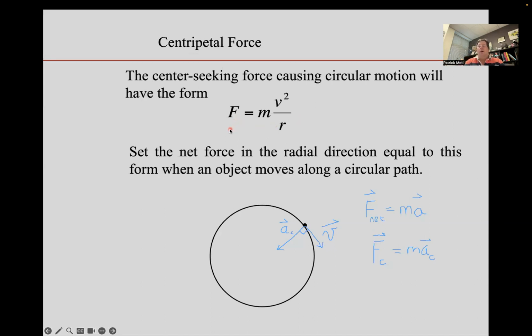Now, we had talked about a force of air drag, talked about the two kinds of frictional forces, static friction, kinetic friction in this chapter. The centripetal force is not a fundamental force like that. For the moon going around the Earth, it's the force of gravity that provides the centripetal force. For this example of a ball on a string, it's tension in the string.